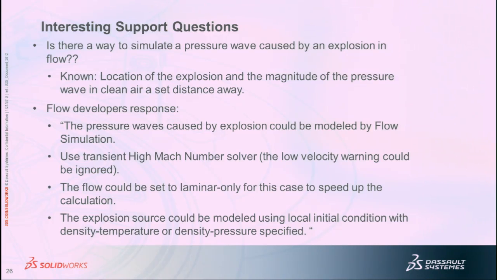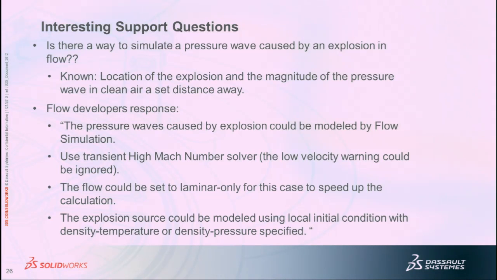So the developer's response was that the pressure waves caused by an explosion could be modeled, and they recommend using the transient option. So in your general settings command, you set the time-dependent box in the first screen for the physical conditions.